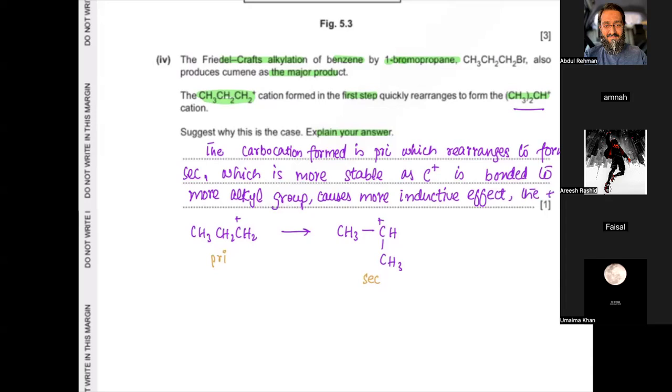The positive charge is stabilized more. I hope it's clear to all of you.